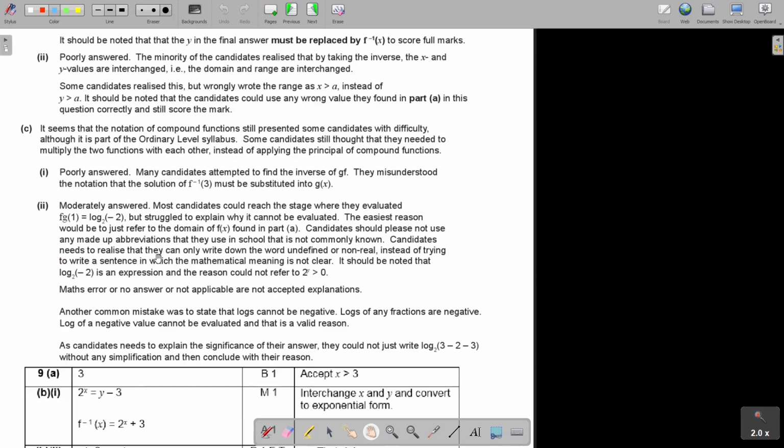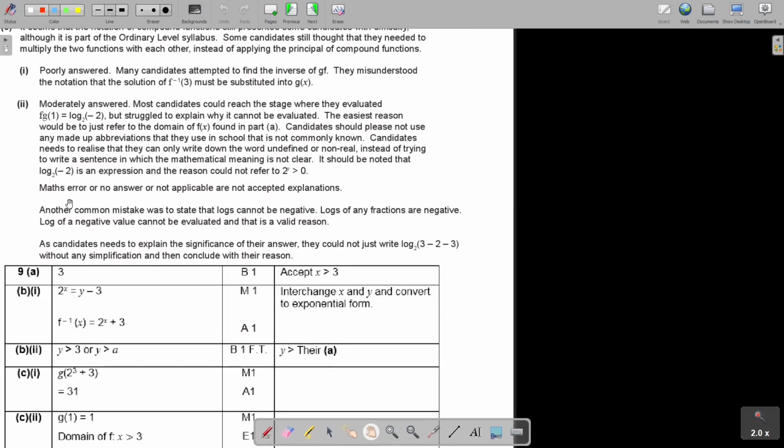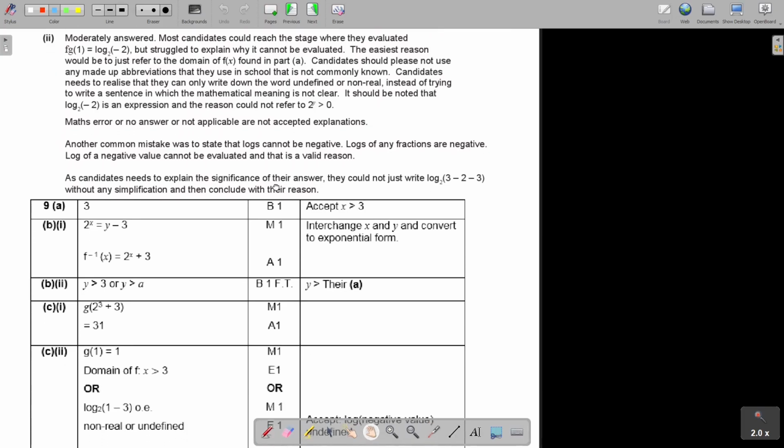Candidates need to realize that they can only write down the word undefined or non-real instead of trying to write a sentence in which the mathematical meaning is not clear. So undefined or not real was good to write. It should be noted that log, an expression, and the reason could not refer to this. Maths error or no answer are not acceptable. So don't write that your calculator is giving you a maths error. You can test it, but you cannot write it.